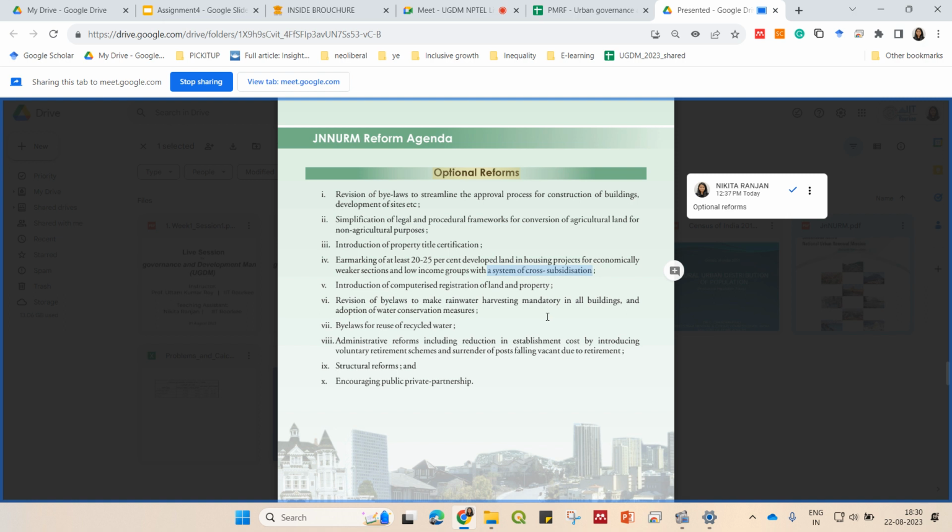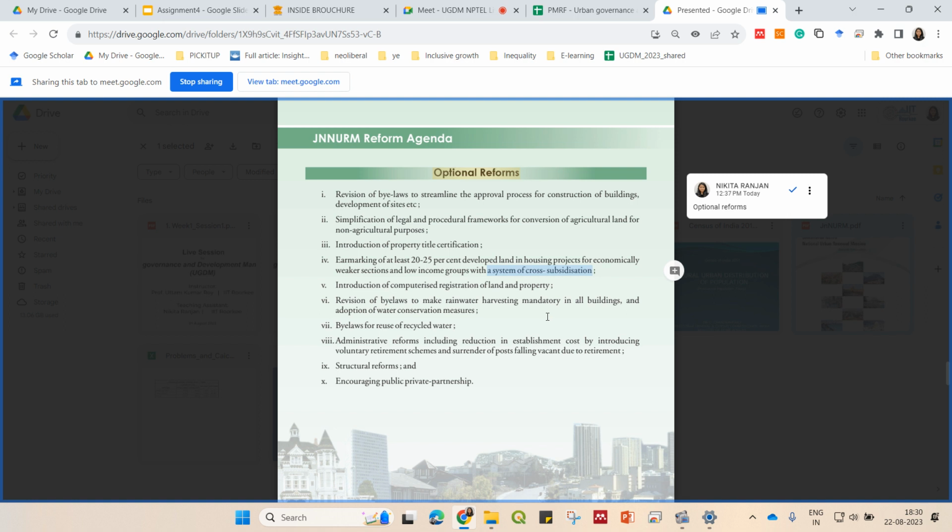So MIGs and HIGs, so middle income groups and higher income groups, and then you will charge a higher rate from them in order to subsidize the rate at which the people from weaker sections and lower income groups are getting their housing.